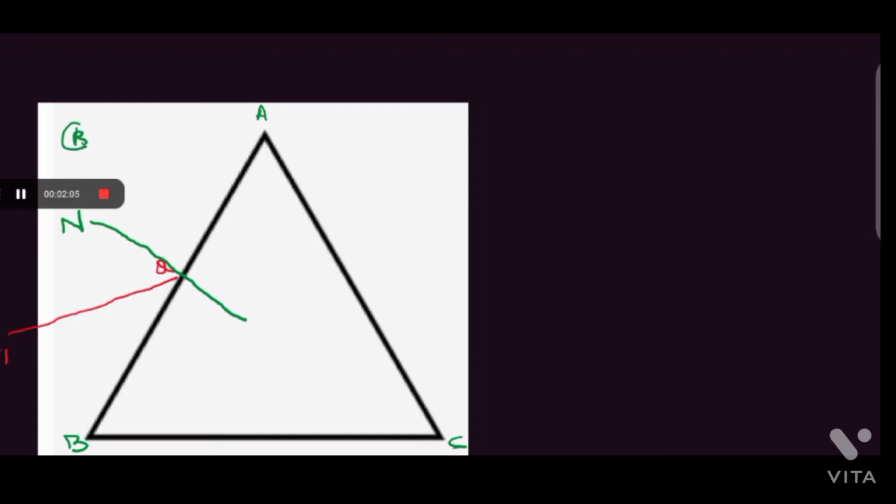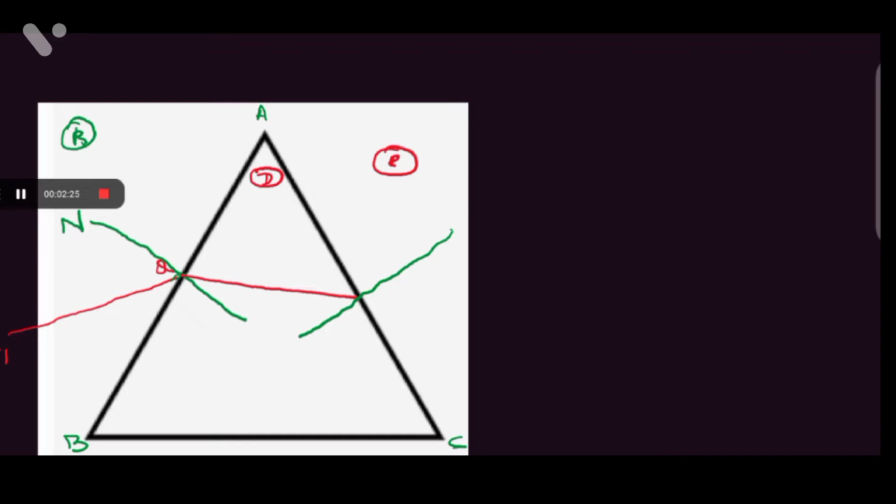From rarer medium to the denser medium, it bends towards the normal. And after that, from denser to the rarer medium, again it should bend away from the normal. So before drawing the second refracted ray, let us draw the normal. So this is your normal that is drawn here.